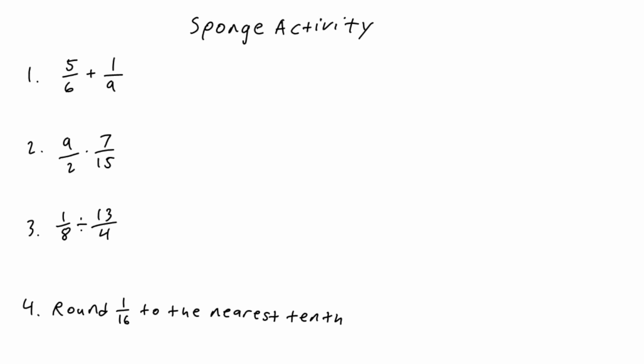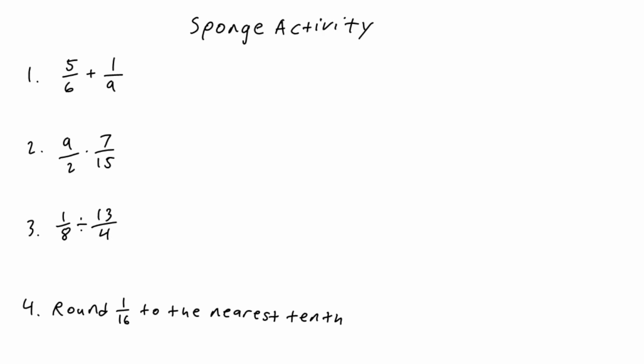So you watch the video, you do these problems, and then you send them in with your notes. So I've got 4 problems here, and I want you to leave them in the correct form that we talked about. So the first 3, they don't tell you to round, so don't round. Last one does tell you to round, so round your answer correctly.